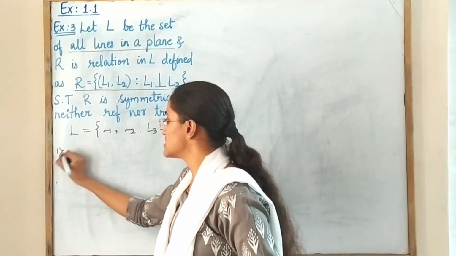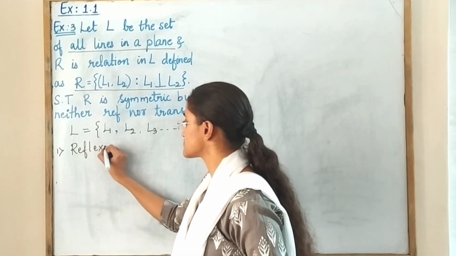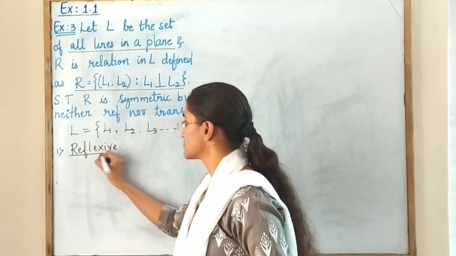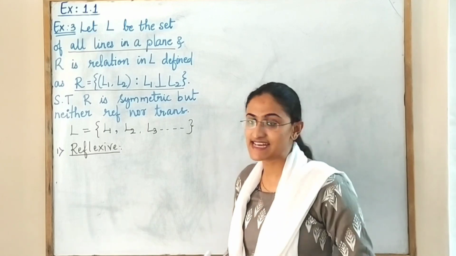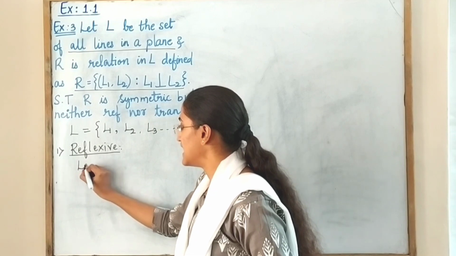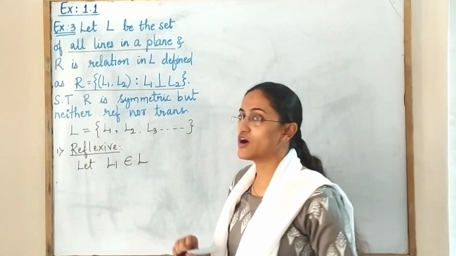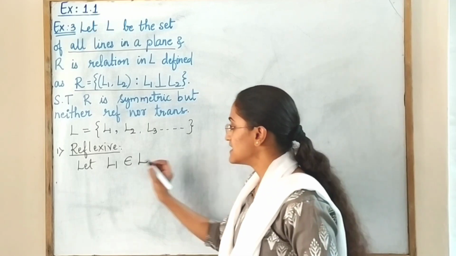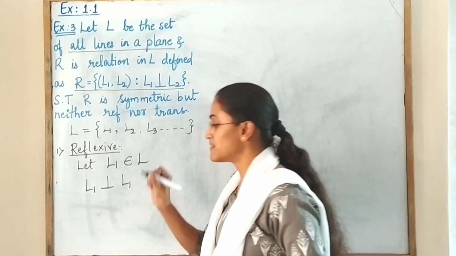Now, starting with the first one, that is the reflexive relation. For reflexive relation, you need to select one single element from the set L. Hence I am choosing L1 belonging to the set of all lines in the plane. Now, is L1 perpendicular to the same line L1?